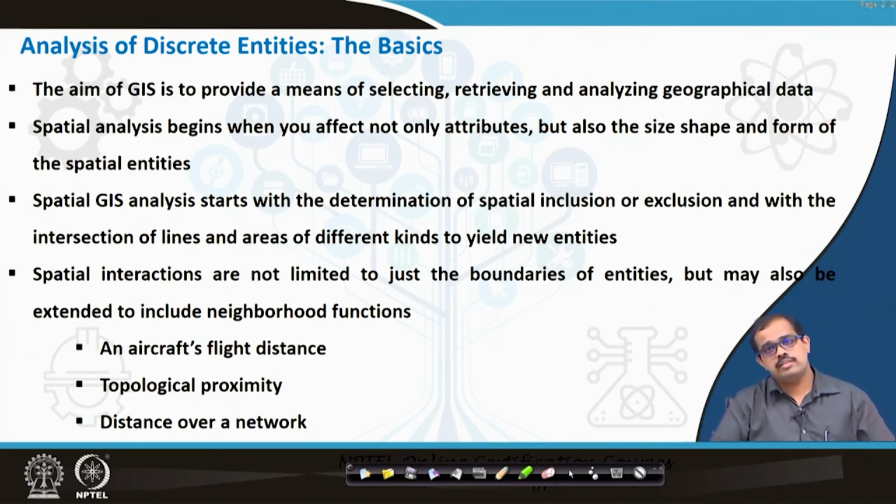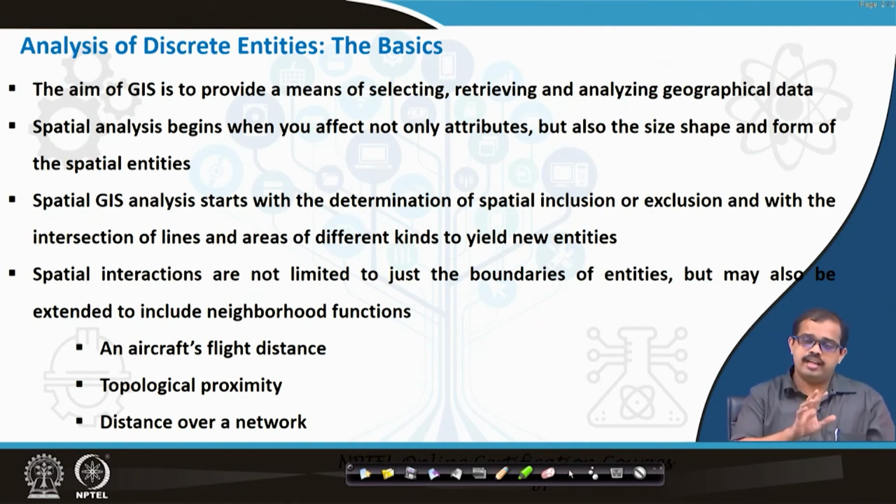Okay. So, the next thing is analysis of discrete quantities. If you are looking at discrete quantities, it is how you select, retrieve and analyze geographical data as a discrete value. When you are doing any analysis on a discrete quantity, there is always an effect on attributes.